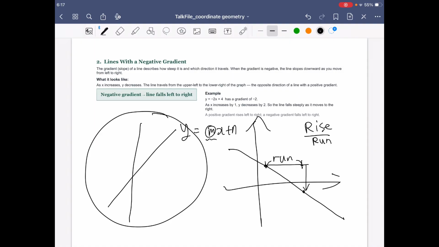So in this case, this rise is negative. It's a negative number. It could be like -3 or -4, something like that. So in this case, when x increases, y decreases. When graphs look like this, then when x increases, y also increases at the same time.